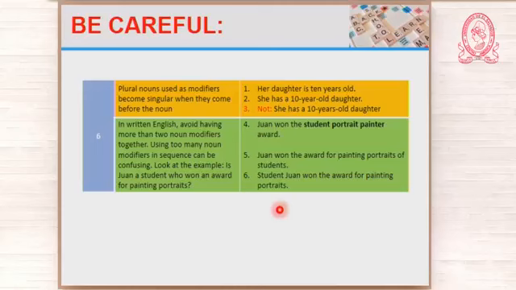Okay? Again, this is better. This is much better. Okay? So what is for you to remember? It is this. Avoid having more than 2 noun modifiers together, okay? Because that can be confusing.